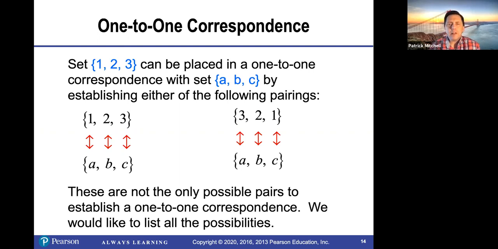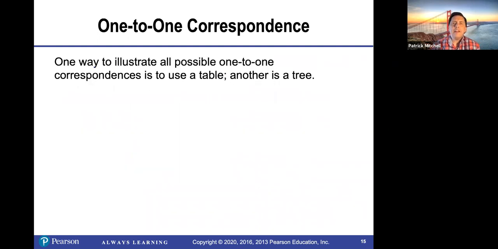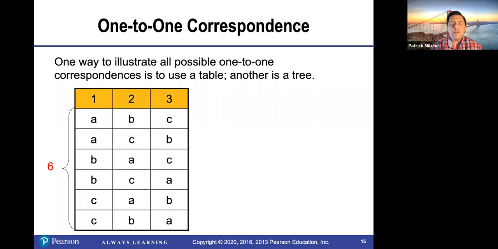And in fact, we're going to list all of them. One way to illustrate all possible one-to-one correspondences is to use a table, and another is a tree. So using the table looks like this. All right, here are the numbers 1, 2, and 3. And so the rows in the table represent the different correspondences.